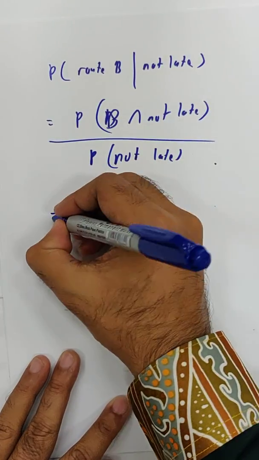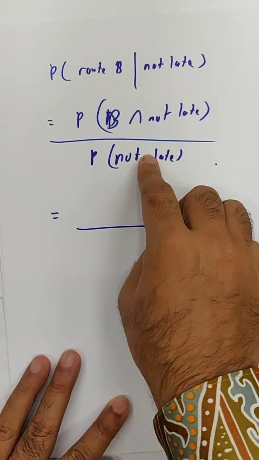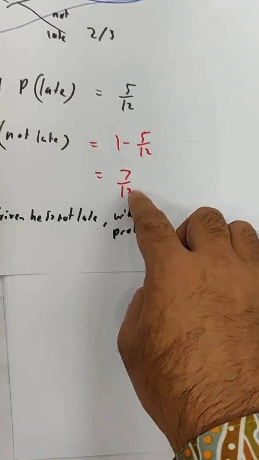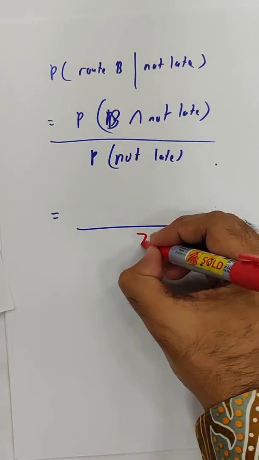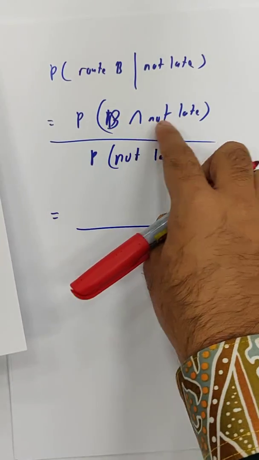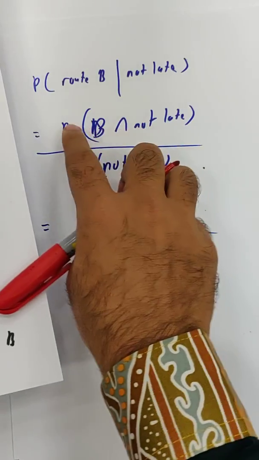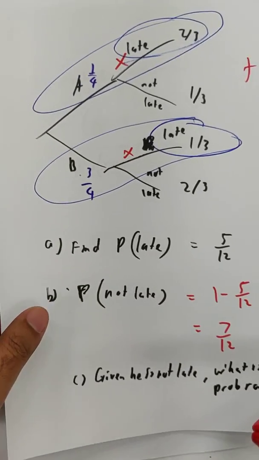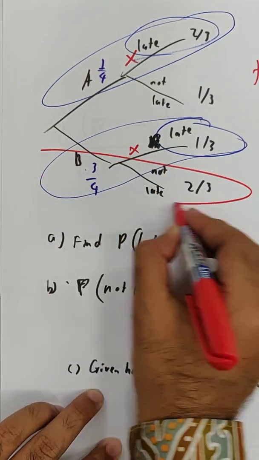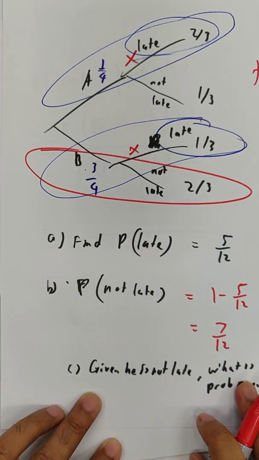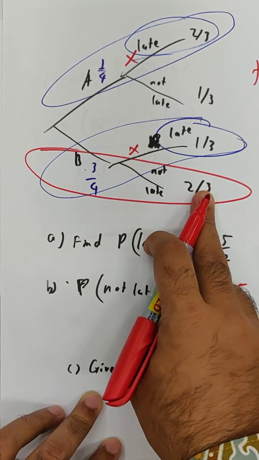Are you okay? And do we know P(not late)? We have calculated it from the second part just now: 7/12. What about P(B and not late)? Where is it? It's this branch. Okay, this is the P(B and not late).